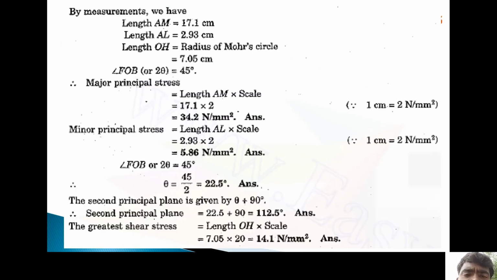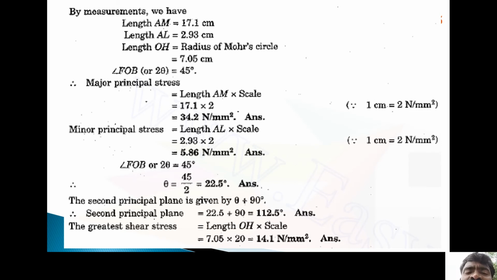Next, using the scale, the length of AM is measured as 17.1 centimeters. Next, AL is 2.93 centimeters. OH is the radius of the Mohr circle, and that value is 7.05 centimeters. Next, angle FOB equals 2 theta, which is 45 degrees. The major principal stress is the length of AM into scale, which is 34.2 Newton per mm square.